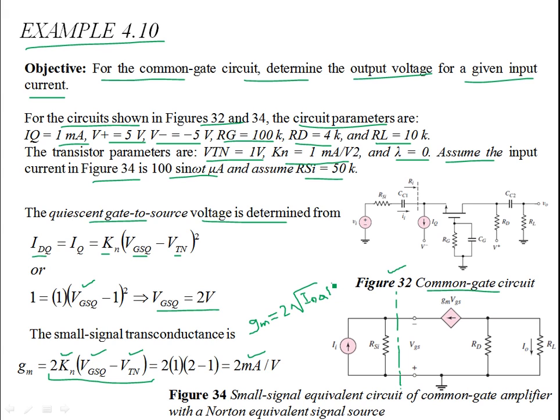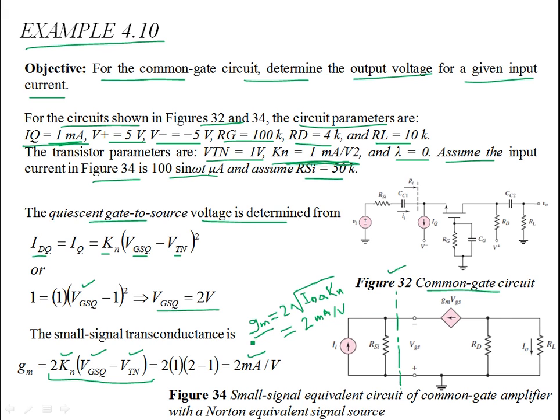You notice that Kn and IDQ both are unity: IDQ is 1 milliamp, Kn is 1 milliamp per volt squared. So in the square root this becomes 2 milliamps squared, which becomes 2 milliamps per volt. The result is the same. You can use any expression to evaluate the transconductance gain of the transistor.